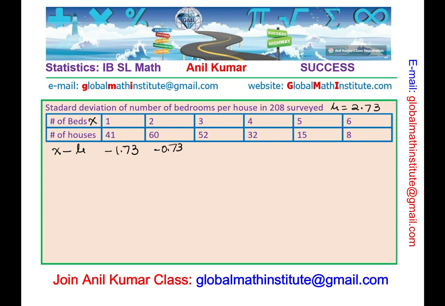Let's do 3 minus 2.73, which gives us 0.27. 4 minus this number will be positive 1.27. 5 will be 2.27 and 6 will be 3.27.